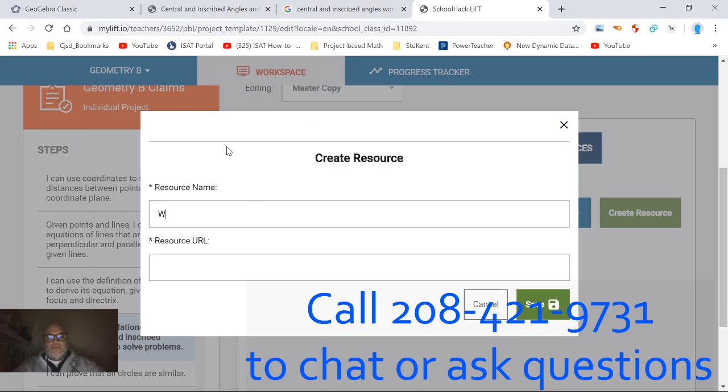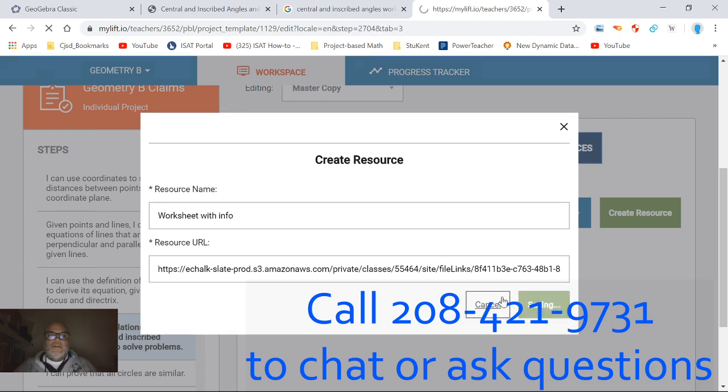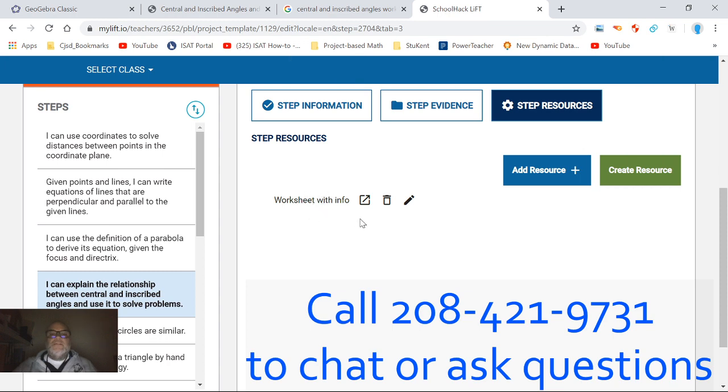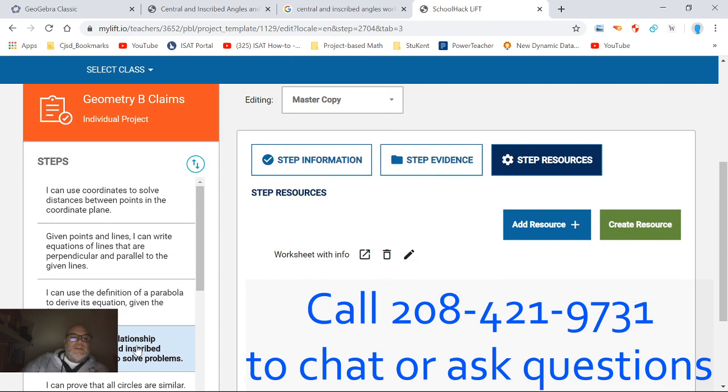This is a worksheet with info, and there's the link for it, and I'll hit save. There it is, it's in there.